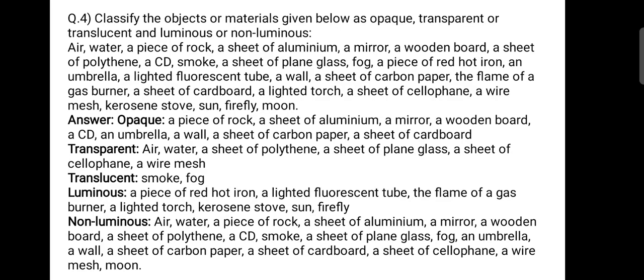So out of the given objects, which are the opaque objects? Like a piece of rock, sheet of aluminium, mirror, wooden board, CD, an umbrella, all these are opaque objects. Now, you have to find out which are the transparent objects.